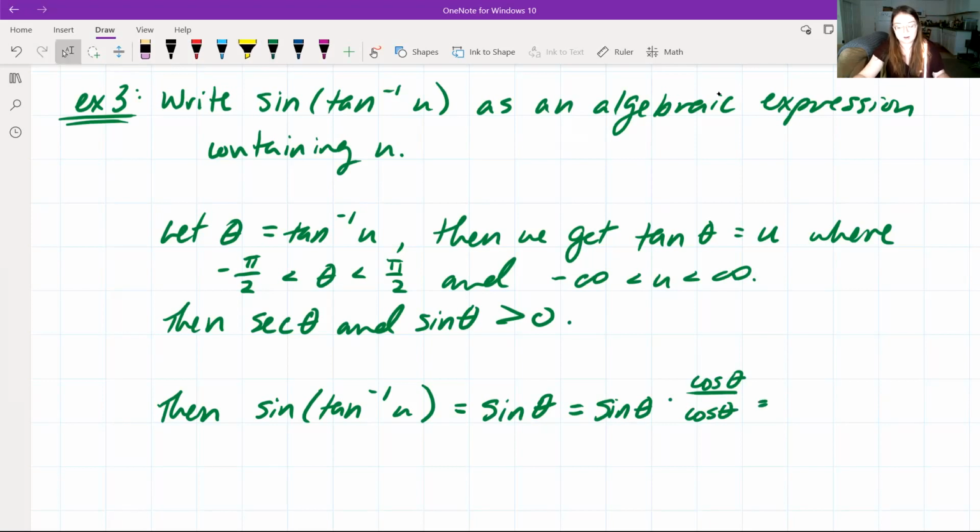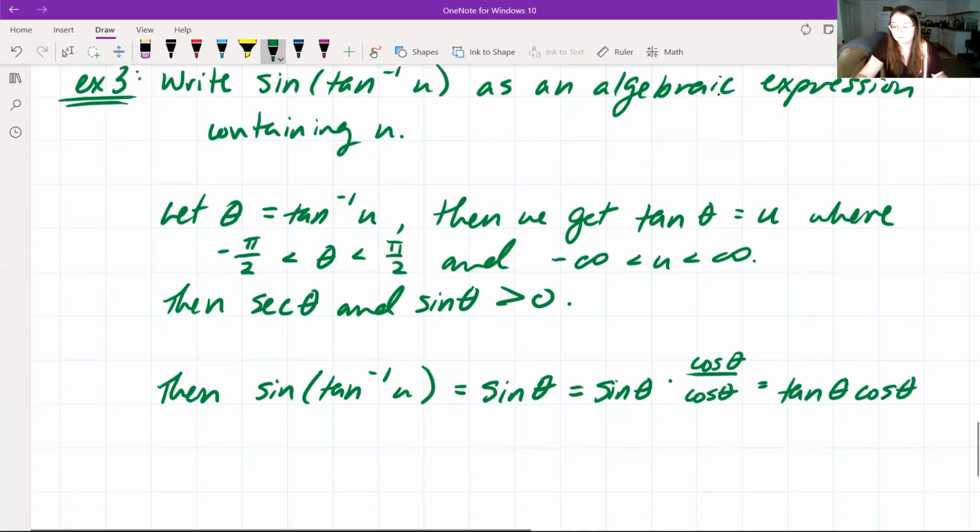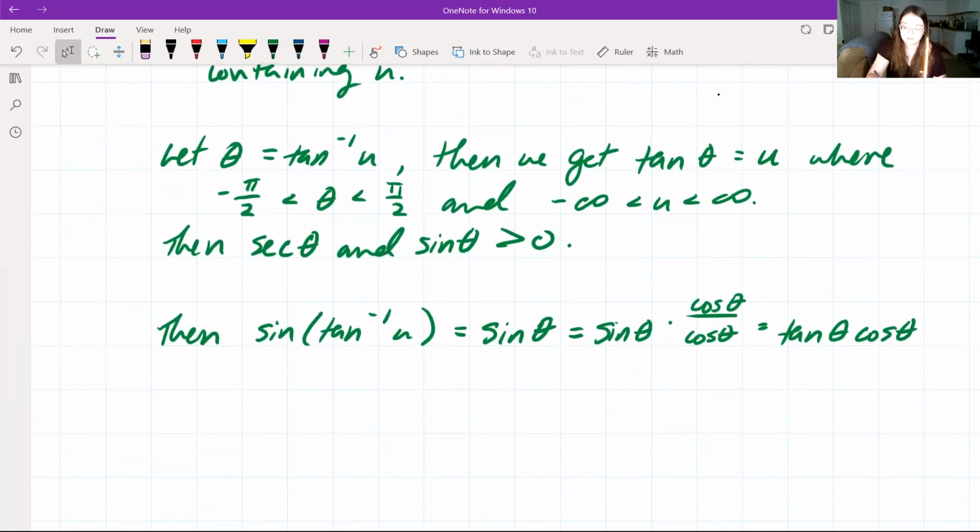This is now going to give us tangent of theta times cosine of theta. Then, continuing on here, we can rewrite cosine of theta to be tangent of theta times 1 over secant of theta, which then simplifies to tangent of theta over secant of theta.